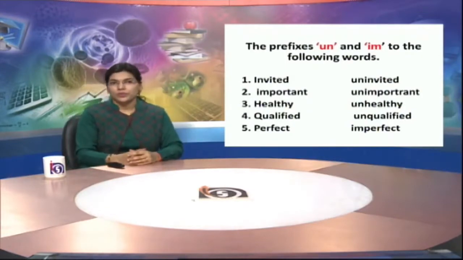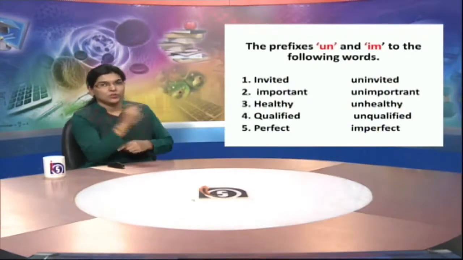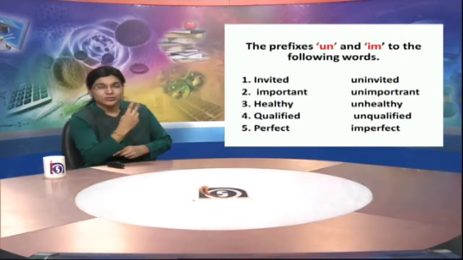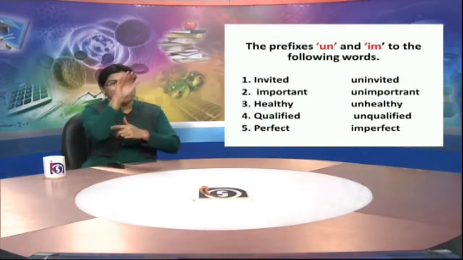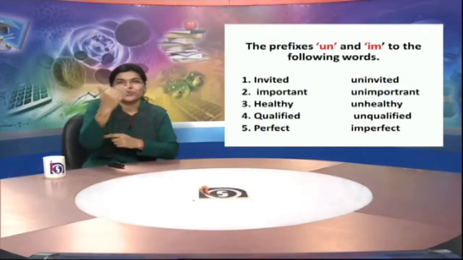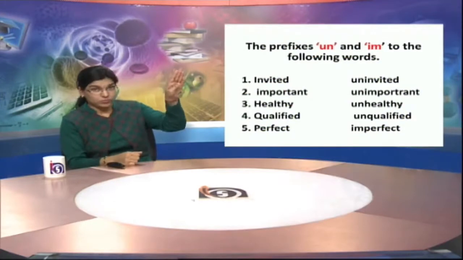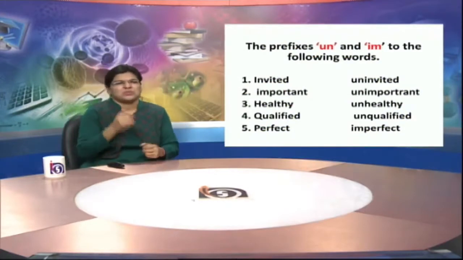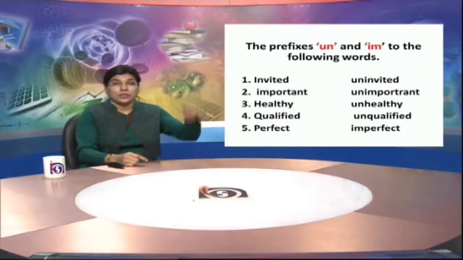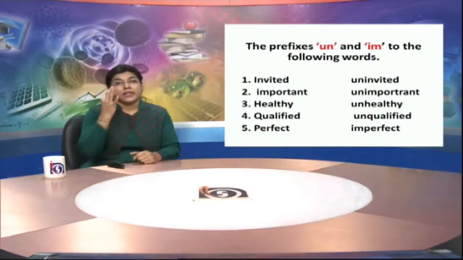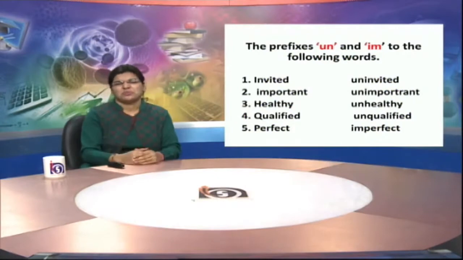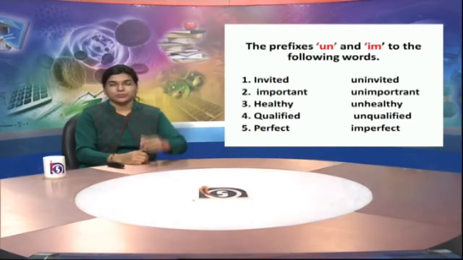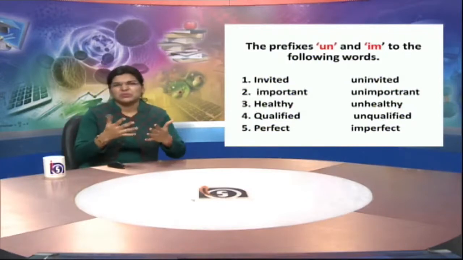So these are the prefixes un and im added to the following words. First, we invite somebody to a marriage. This is invited. The opposite will be uninvited. Second word is important. The opposite will be unimportant. Third is healthy. The opposite will be unhealthy.